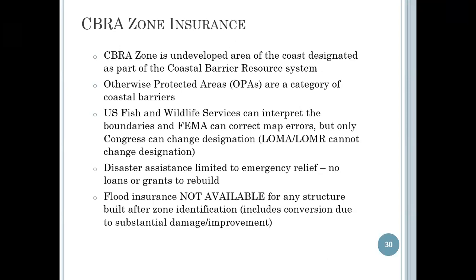So there's no flood insurance available in a COBRA area or otherwise protected area, and there's also no disaster assistance available for individual assistance in those COBRA zones for those properties. So federal flood insurance is not available, nor is disaster assistance.